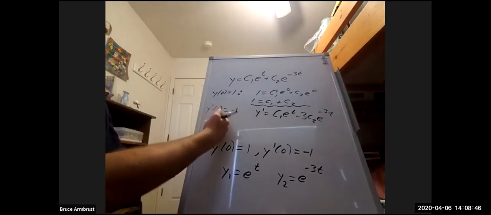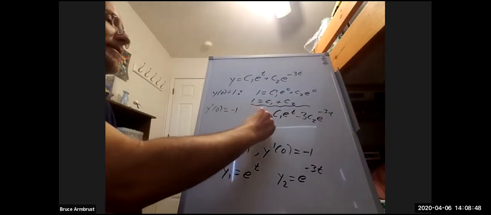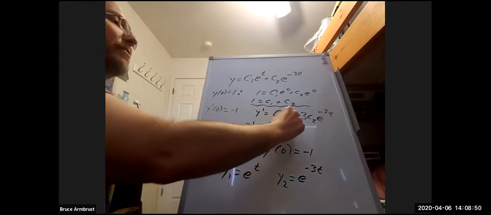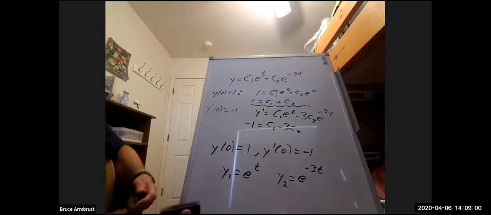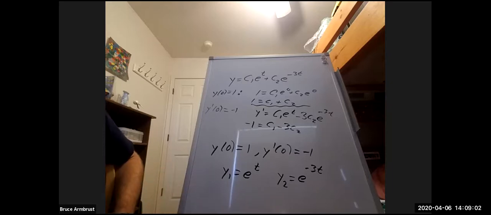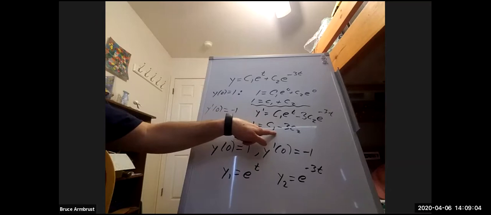And now when we plug in this initial value, we get -1 is equal to C1 minus 3C2. So again, whatever C1 and C2 happen to be, they have to satisfy this guy.